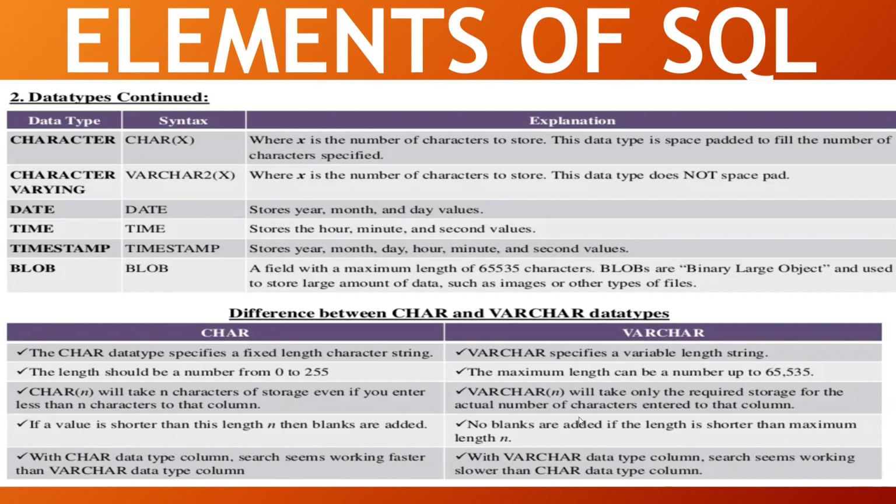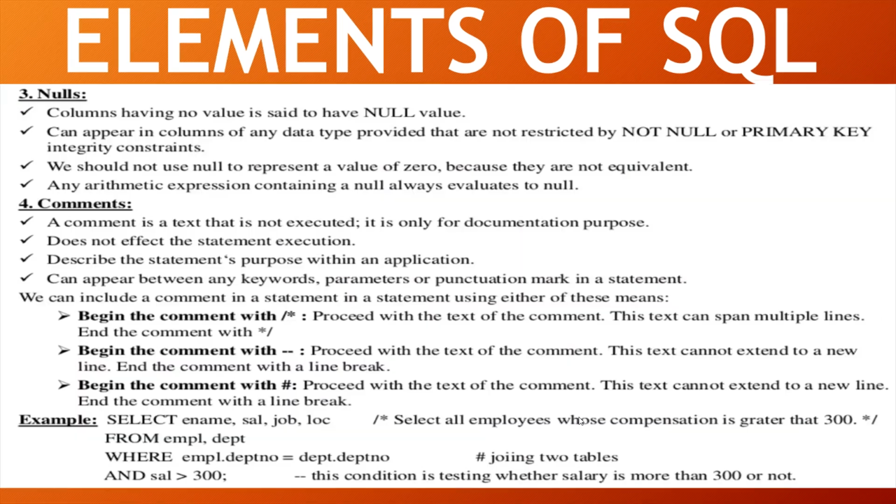It only uses the specific number of bytes entered. So the value is shorter in length in char, whereas the value is lengthier in varchar. Char data type column search seems to work faster and varchar data type column seems to work slower. So these are the basic differences between char and varchar.